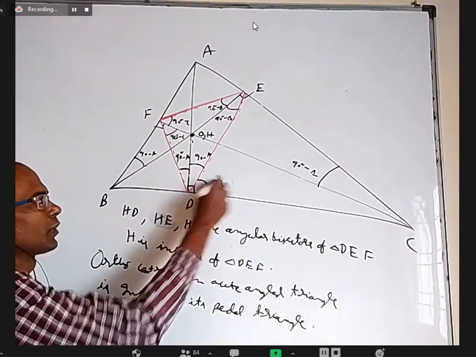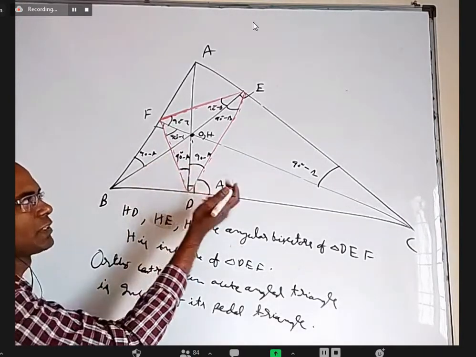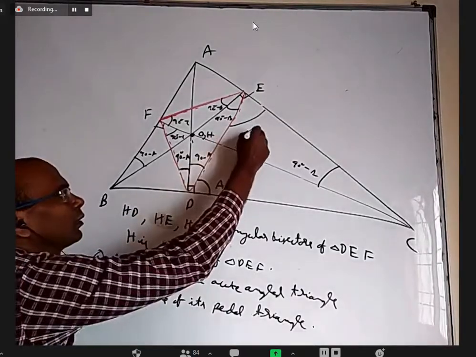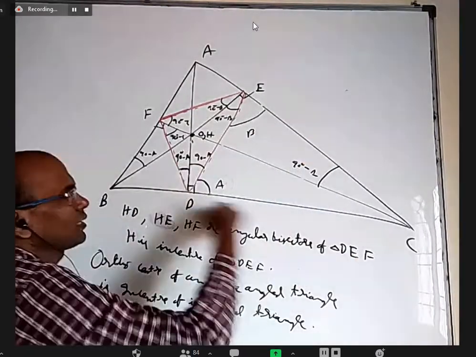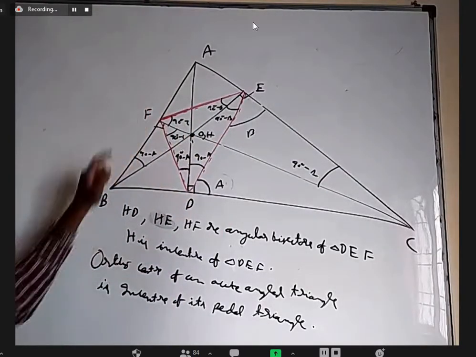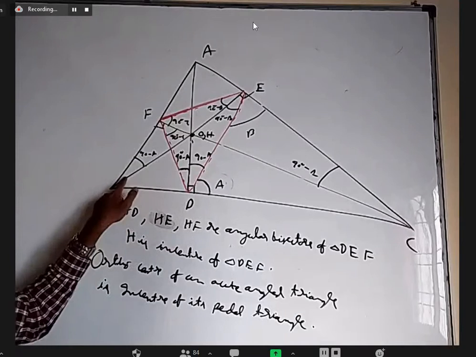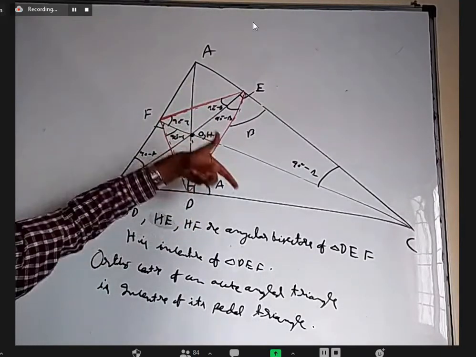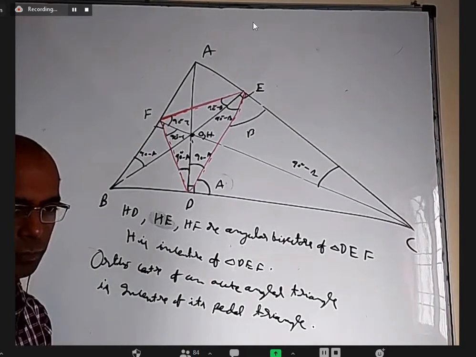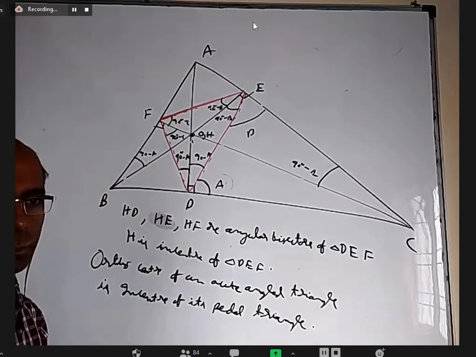A. Because this is perpendicular, this is 90 minus A, this should be A. And what is this? B. And this is C. So this triangle is similar to the big triangle, but it doesn't mean these two are parallel. No, because this angle B is not equal to this. This angle is here and this angle is here. They're similar in a reverse way. You understand that, right? Yes, sir.